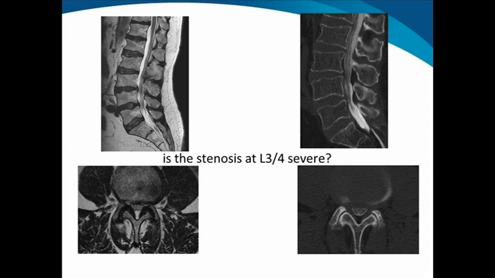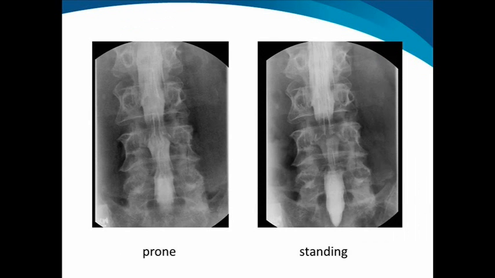Here we're seeing a relatively mild to moderate degree of stenosis at the L3-4 level, shown purely on supine imaging on both sagittal axial MRI on the left and sagittal and axial CT myelography on the right. Here's another example showing you the difference between the upright imaging and the prone imaging.